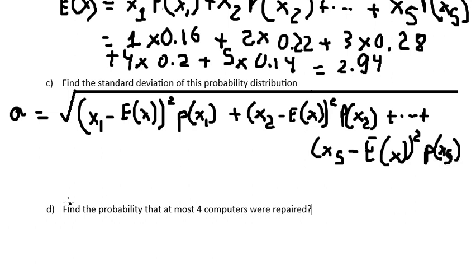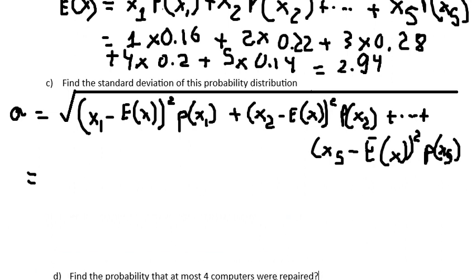So in this one we calculate in here. So that should be like this.